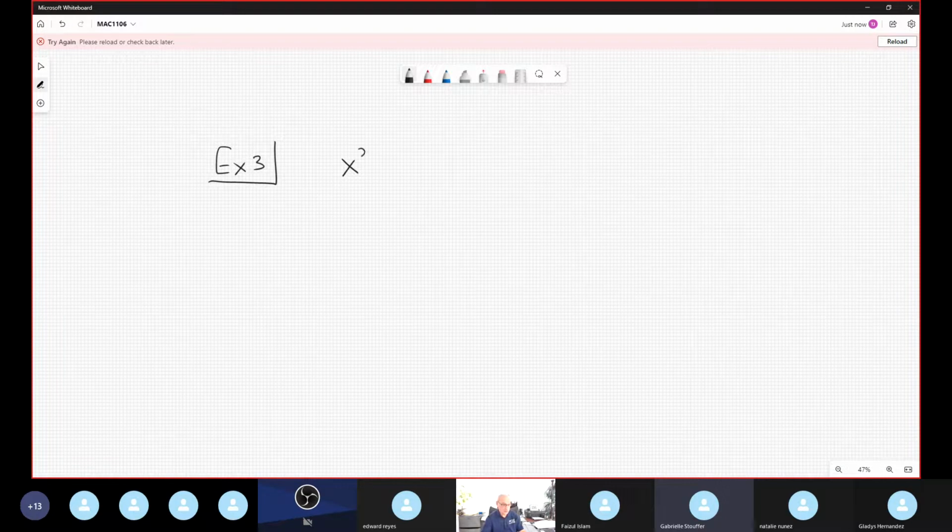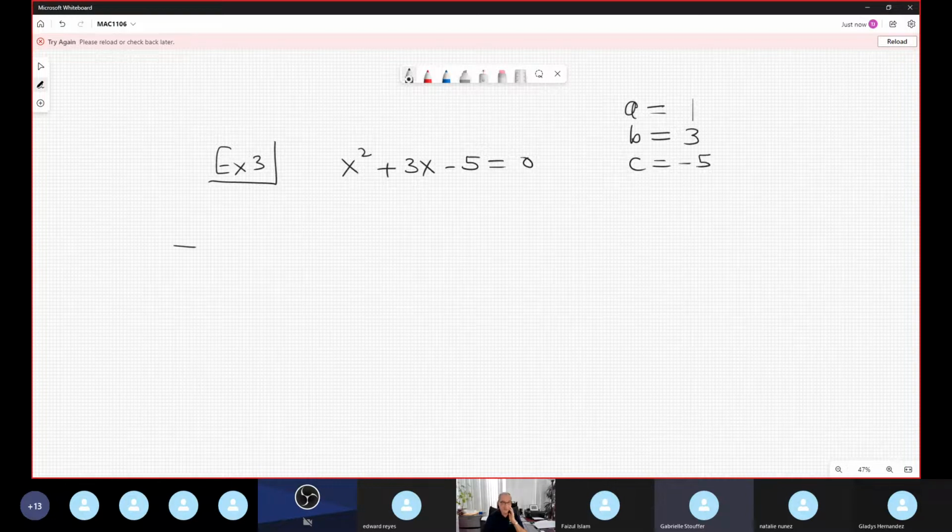Example 3 is x squared plus 3x minus 5 equals 0. Okay, this is again a quadratic equation. It is expressed in standard form, nice, and you identify A, B, C. A is 1, B is 3, and C is negative 5. And this is my formula.